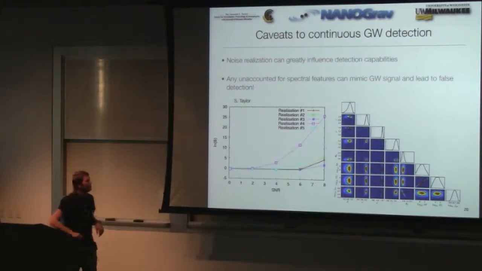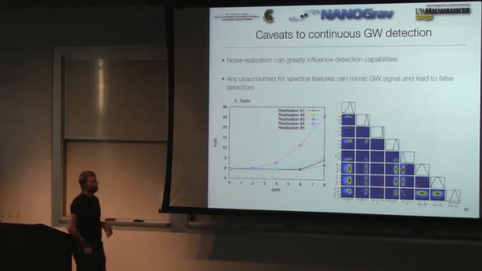And it's something that we're really starting to realize now, which is more important than this, is you really, really need to have a good noise model. So this is a run using real data where we didn't use the right noise model. We didn't model some low frequency noise, so what happened is the gravitational wave model basically picked up on that low frequency noise and modeled it as a really low frequency gravitational wave. And so if you look at this, it gives you a nice sky location. It's very localized in the sky. It has a really tight frequency measurement.